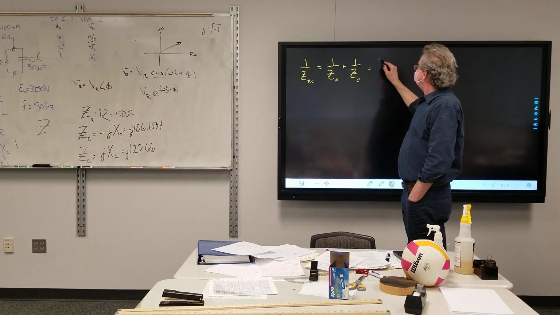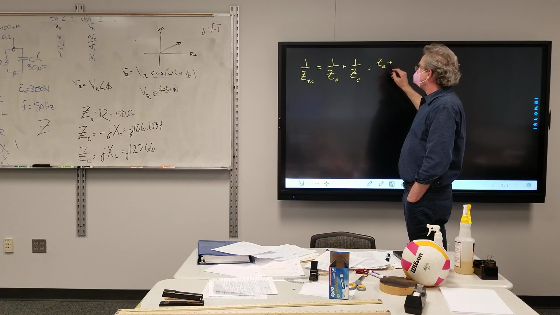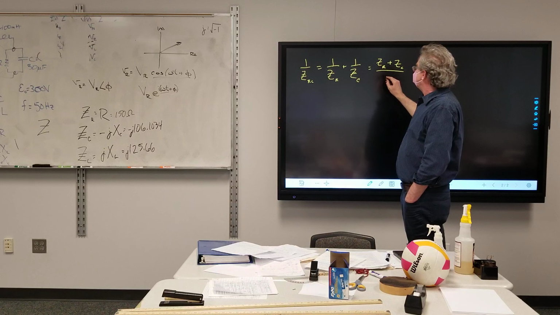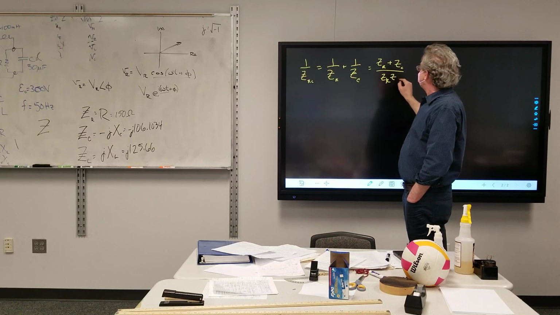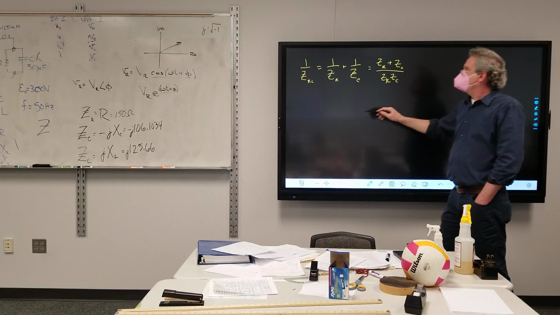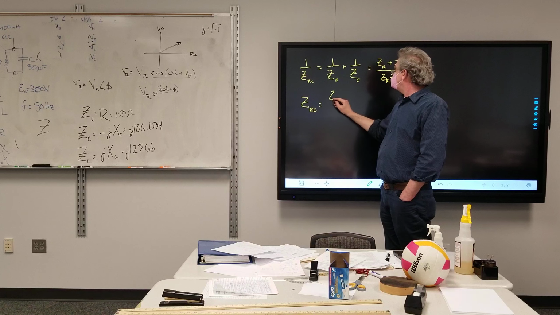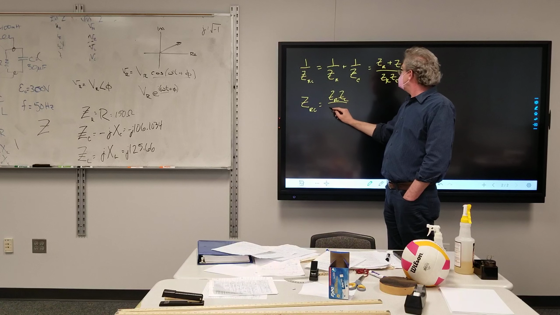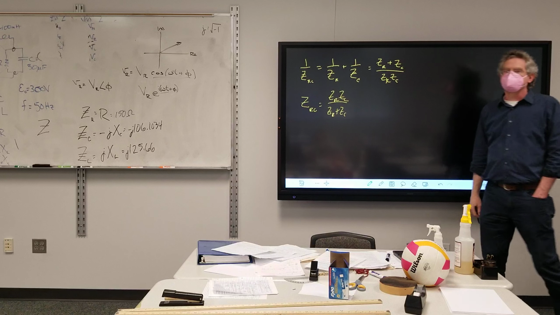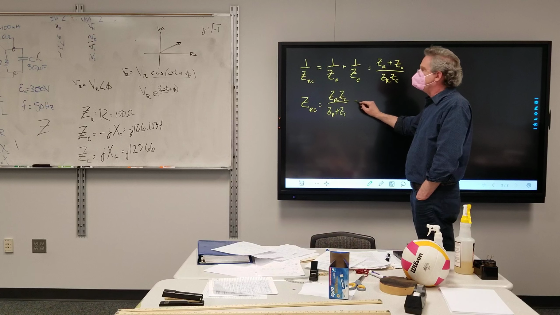Get a common denominator. Therefore, Z_RC is Z_R Z_C over Z_R plus Z_C. Now let's plug and chug.